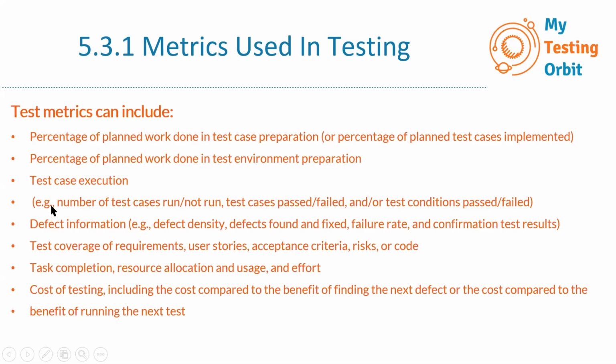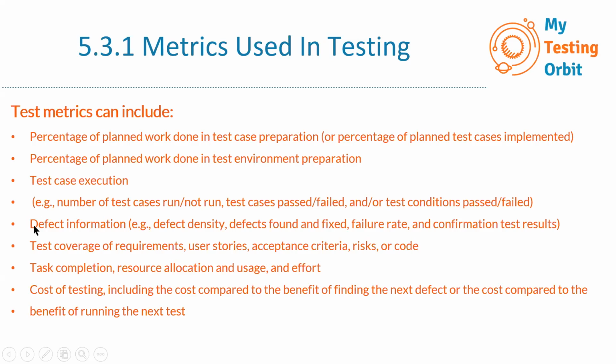For example, the number of test cases which were executed and which were not executed, maybe there were some blockers, or some other reason due to which we were not able to execute those test cases. And for the ones which we executed, how many passed, how many failed, and if there are any test conditions which passed, failed, etc., all the details. So this all comes in test case execution, and it's a very important metric to capture.